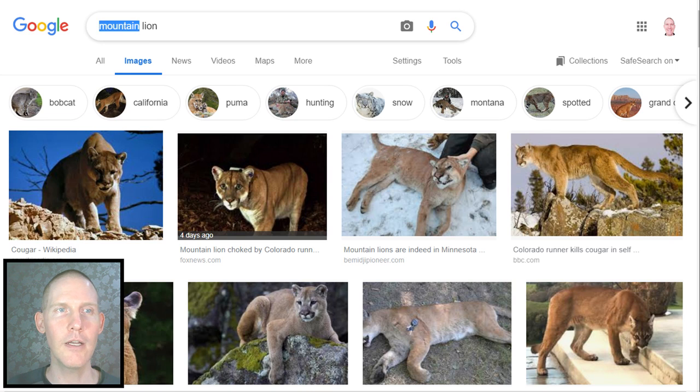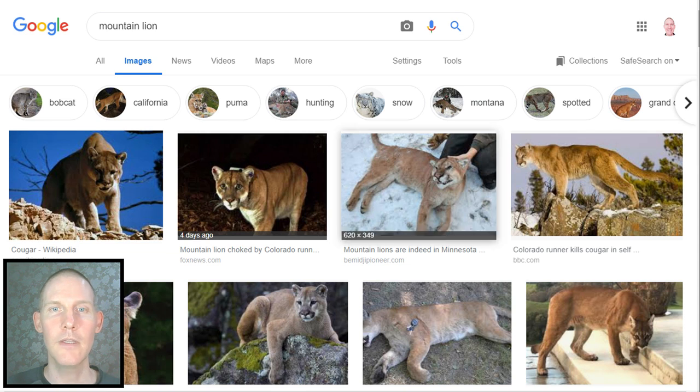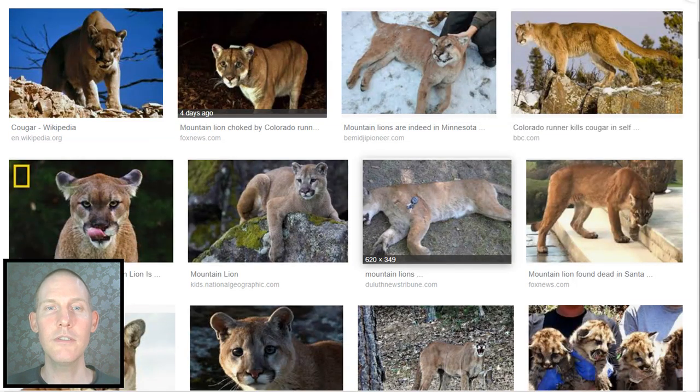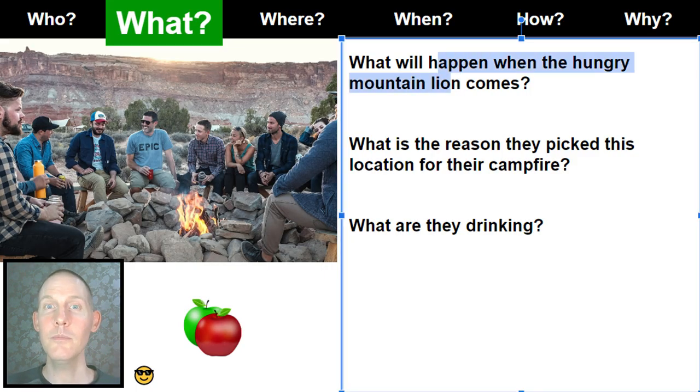Let's just take a look at a regular lion. So that's a lion that most people think of, right? But if we're doing a mountain lion, these live a lot in like cold areas and stuff. So if you're at a campfire and the mountain lion comes, might be a good idea to throw the sausages at the mountain lion.